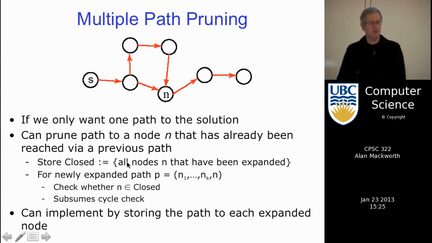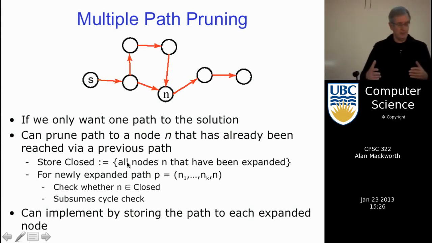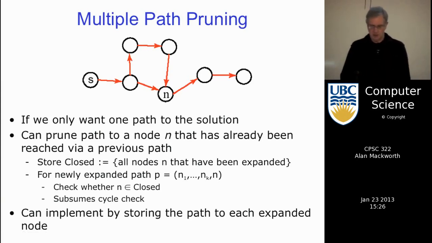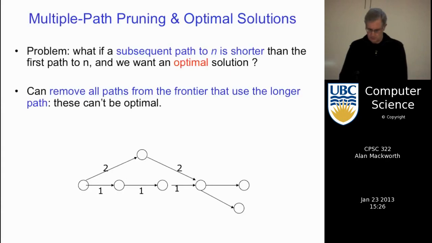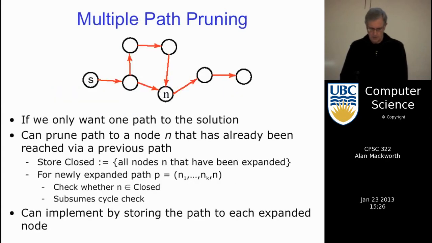Open is the set of all nodes that remain to be expanded. Closed is a set of nodes that have already been expanded. So whenever you generate a new path with n at the end of it, you just check to see if n is on the closed list. If it is, you can just ignore that new path. But again, that won't give you the optimal path necessarily, but if you're just interested in any single path to a goal node, this will work. Okay?